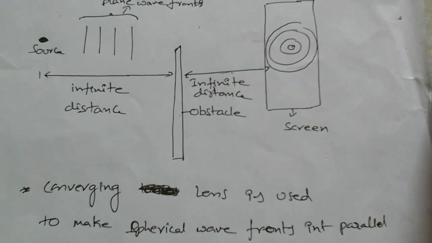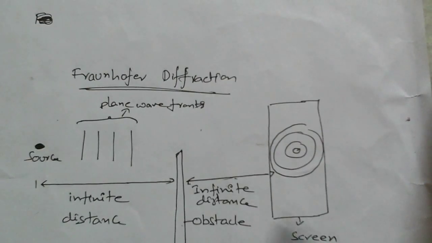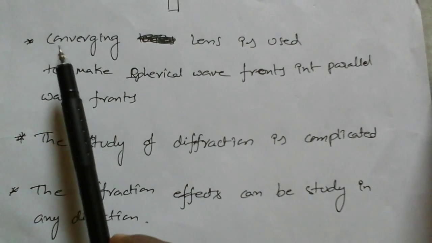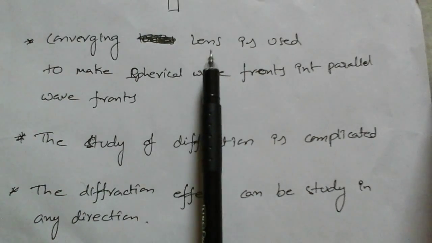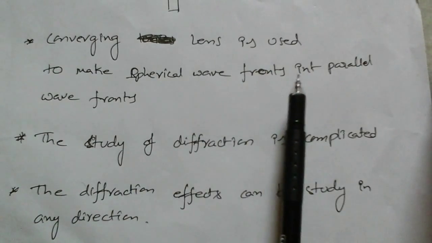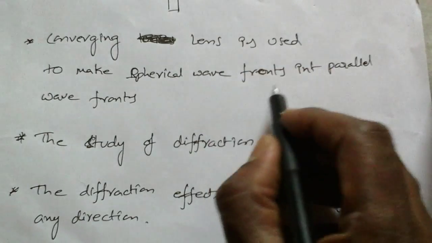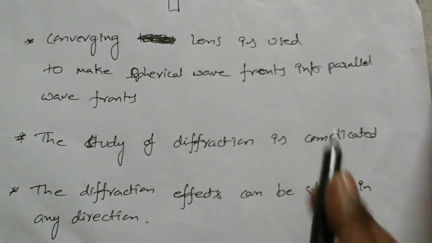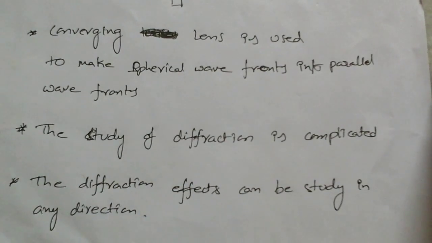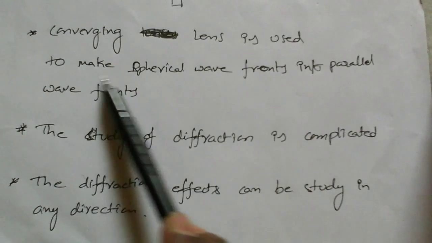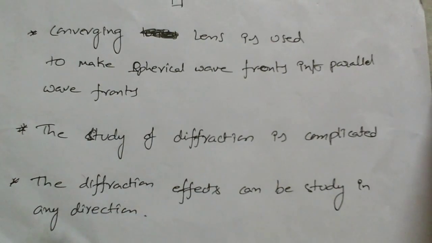Now, some important points about Fraunhofer diffraction. Here, a converging lens is used to make spherical wavefronts into parallel wavefronts.